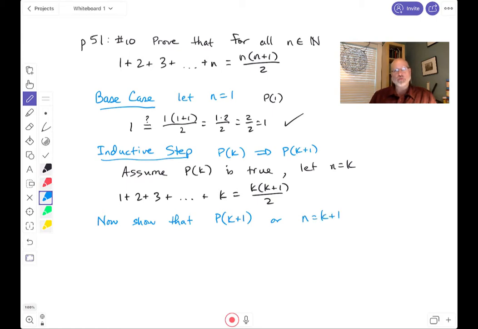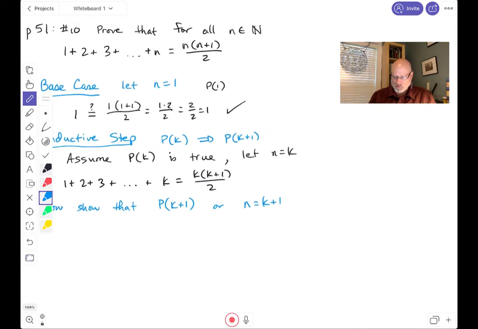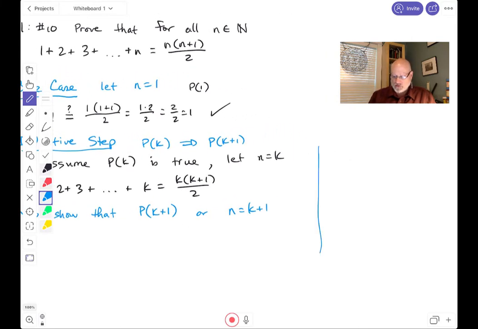So what we need to do is somehow figure out what this would look like. Off to the side here, just for a second, I'm going to say, P of k plus 1, what would that look like?